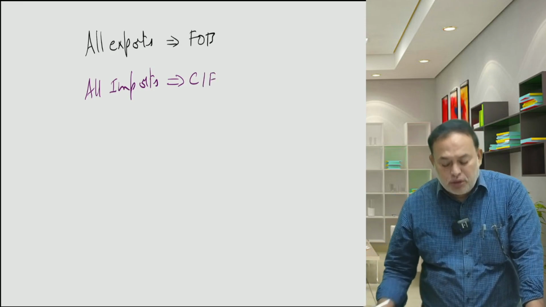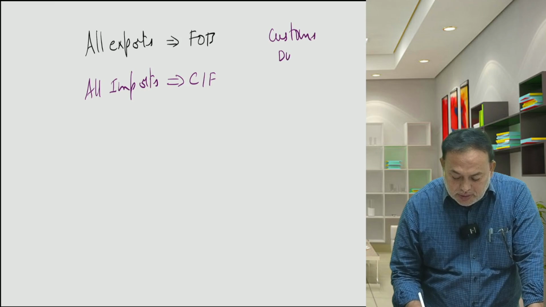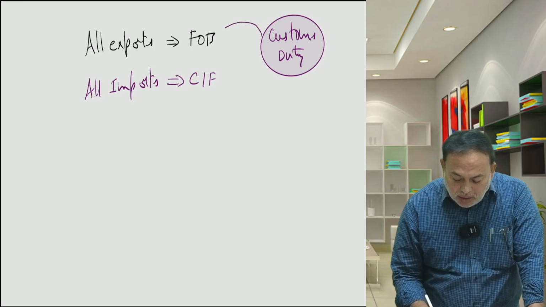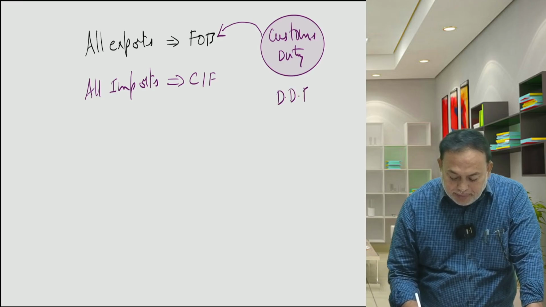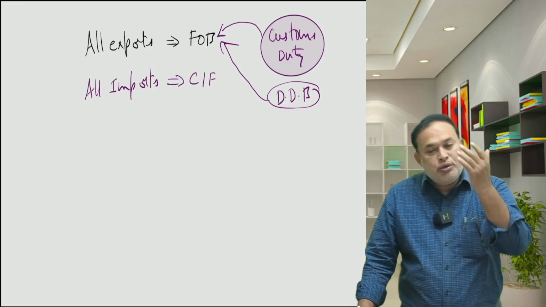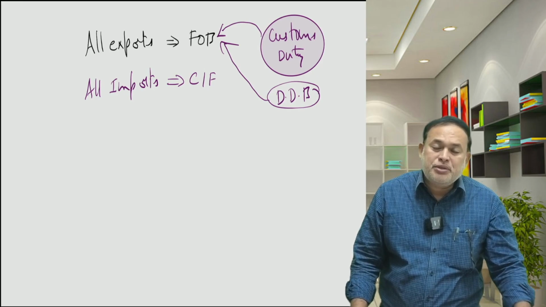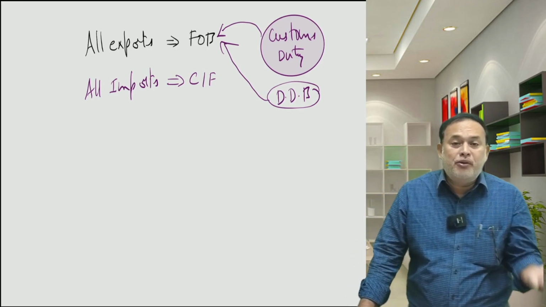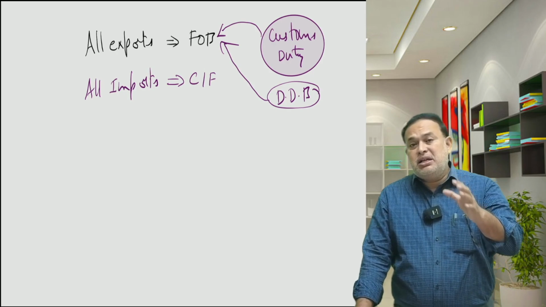Meaning, when export takes place, customs duty, if any, is levied on FOB. Duty drawback, DDB, if you want to claim, applies on your FOB value. On account of export, you are claiming duty drawback. Duty of customs, if any levied, can be levied on the FOB value of export. That means all our exports we are measuring at FOB value.